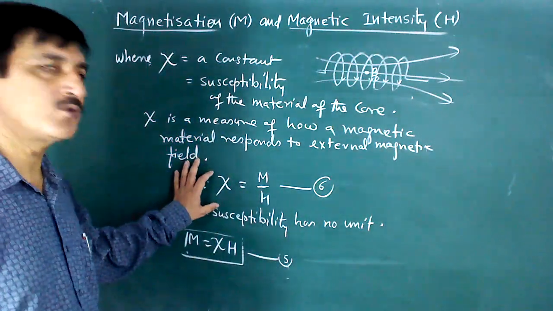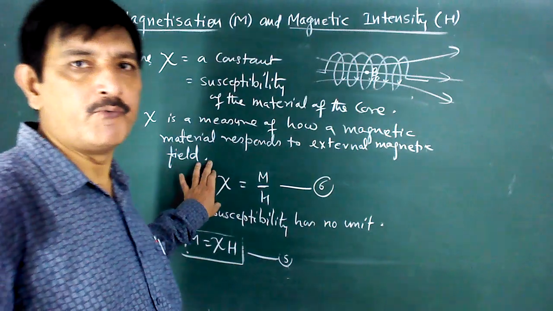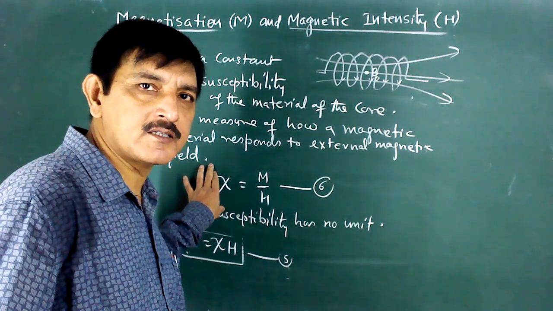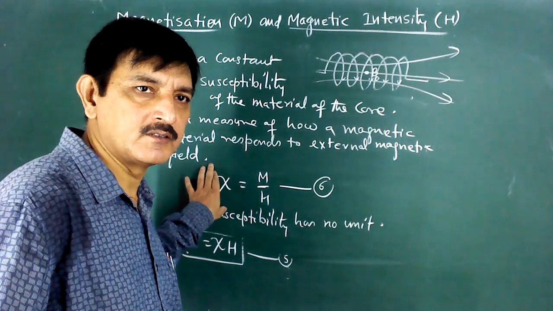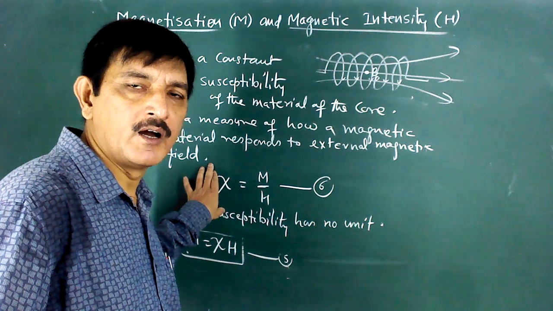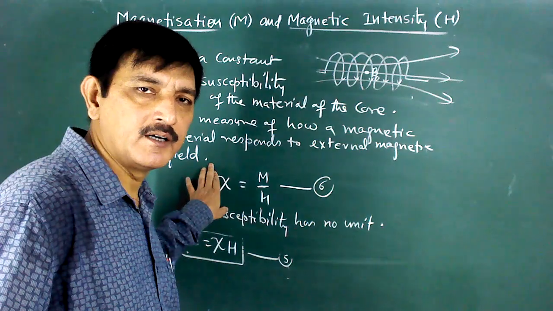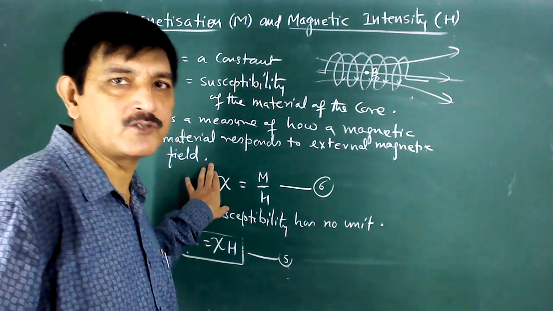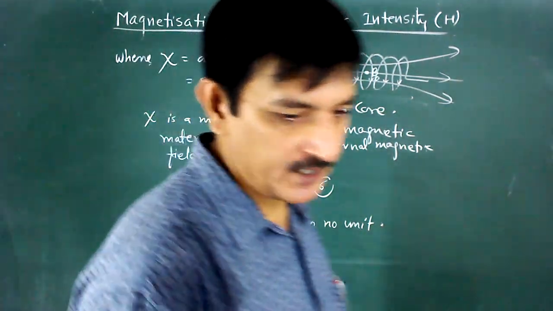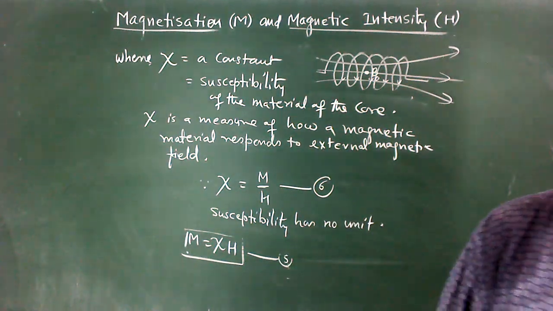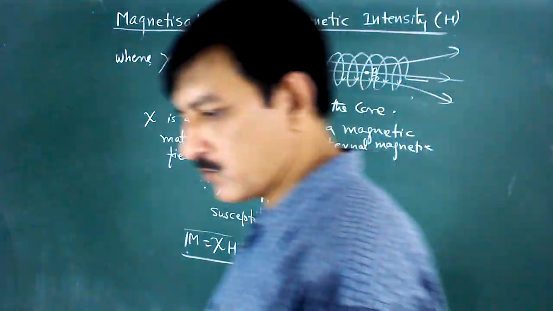So according to the value of susceptibility, we differentiate materials into three categories. One is called diamagnetic material, another is called paramagnetic material, and a third type is called ferromagnetic material.